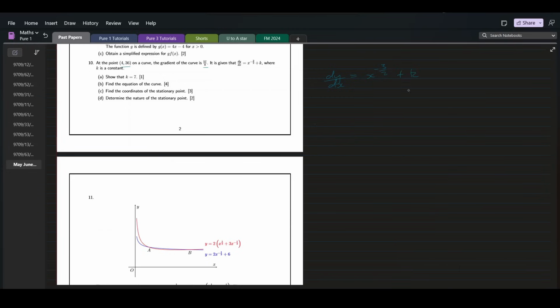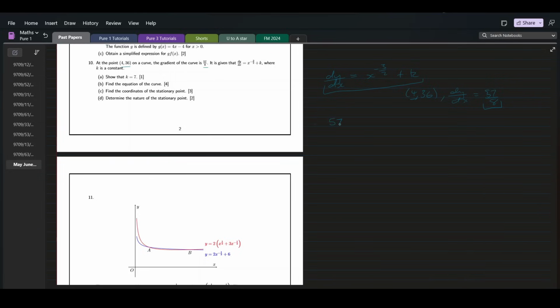And we're given that at the point (4, 36), the gradient, in other words dy/dx, is equal to 57 over 8. So at x equals 4, dy/dx is 57 over 8. We can substitute that into this equation over here to evaluate k.